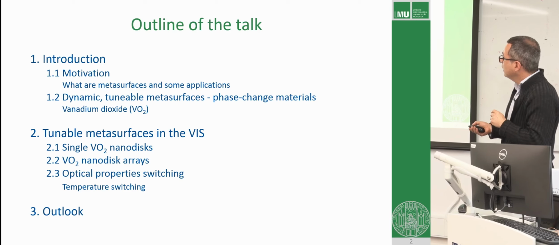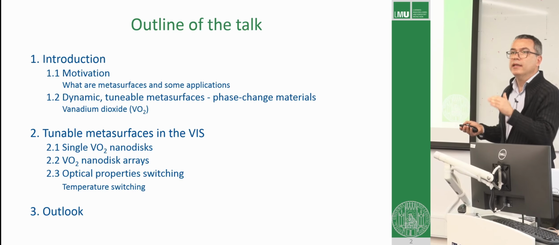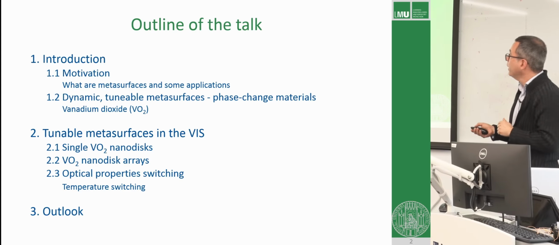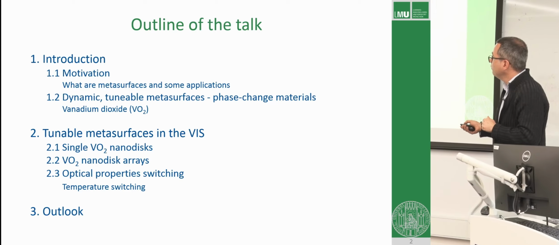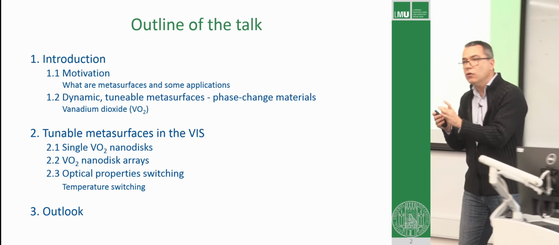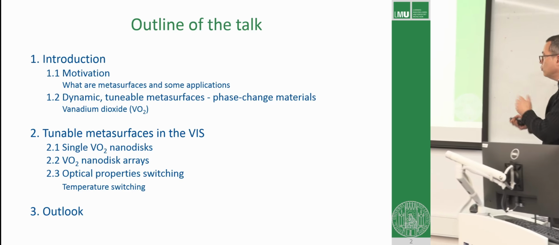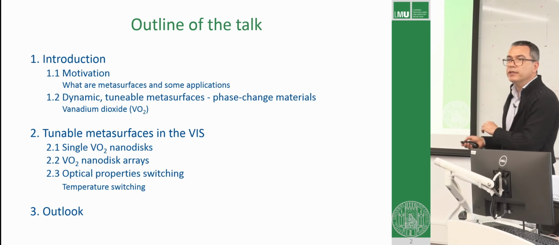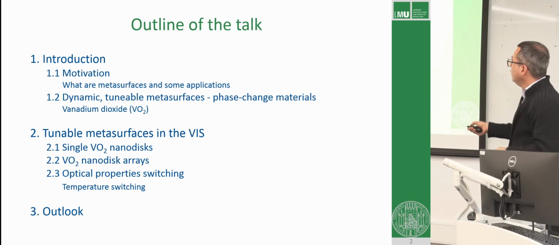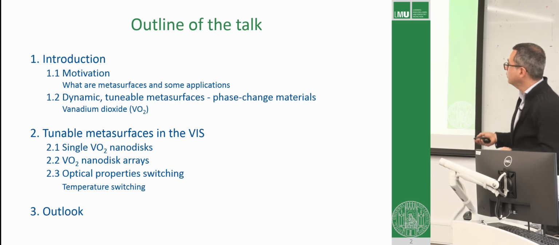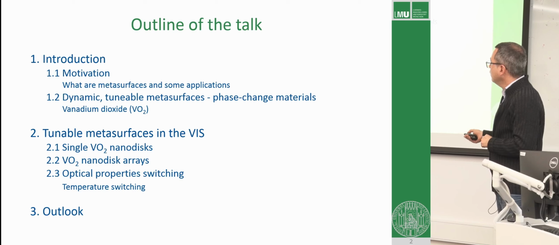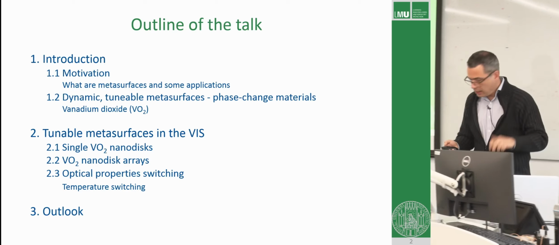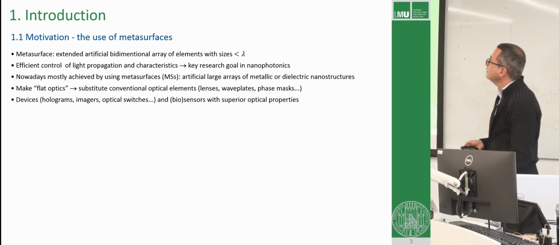Then I will show you how we can tune the optical properties of such metasurfaces in the visible range, focusing on single vanadium dioxide (VO2) nanodiscs, and how the properties of the disks change when we put them together in an array, making a metasurface from them. Then I will show you how you can switch these optical properties, and how we can use this for something nice.